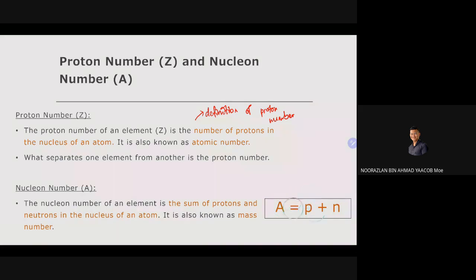This is also known as mass number lah. Okay, because the mass of an atom depends on the number of proton and neutron, because we know electron is too light, terlampau ringan. Jadi kita tambah 10 elektron pun jisim dia secara umum tidak berubah sebab dia terlampau ringan, tak ada kesan pun.